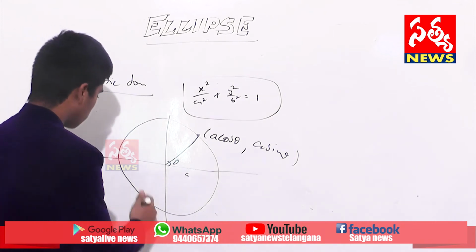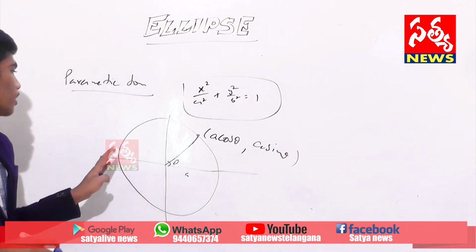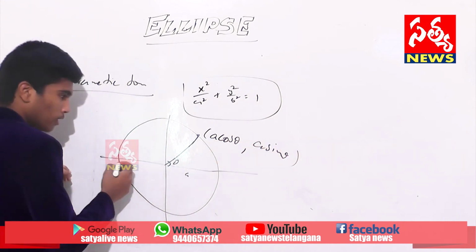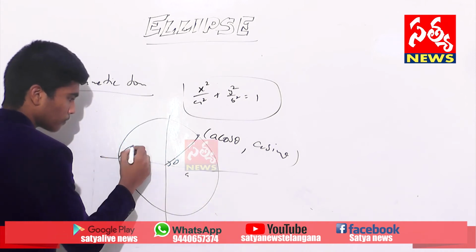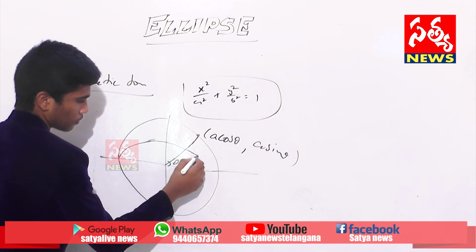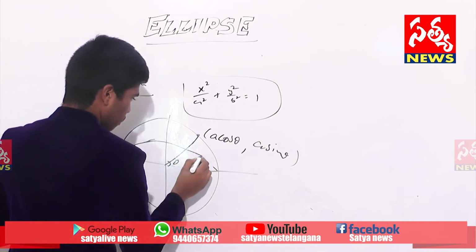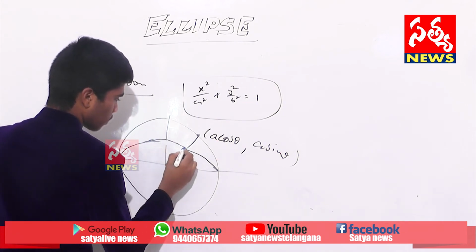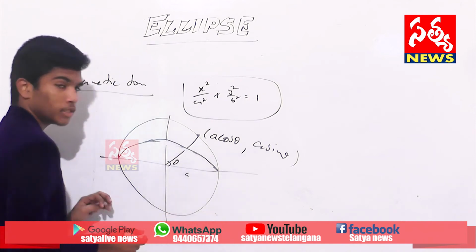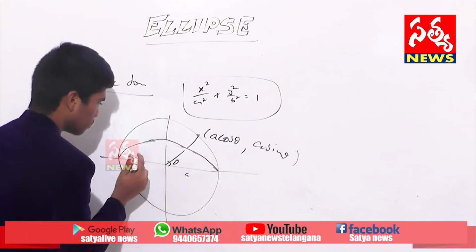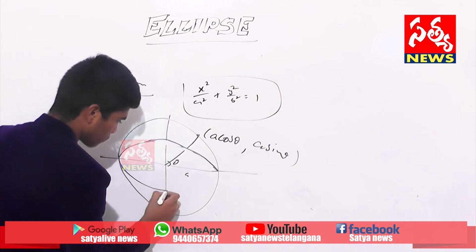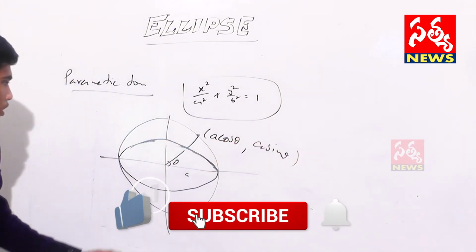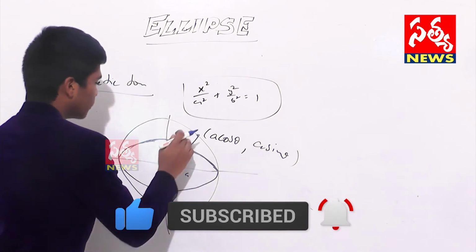Then what about the ellipse? We can inscribe an ellipse inside this circle by taking this as the major axis. Okay, this is an ellipse, half ellipse, sorry. Yes, this is an ellipse which is inscribed in the circle.